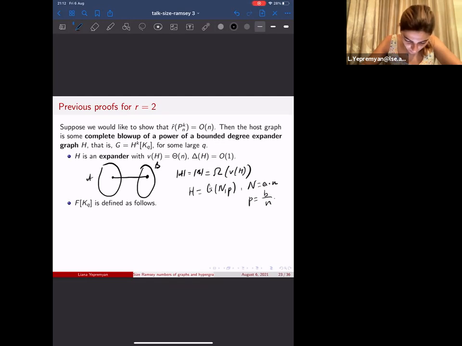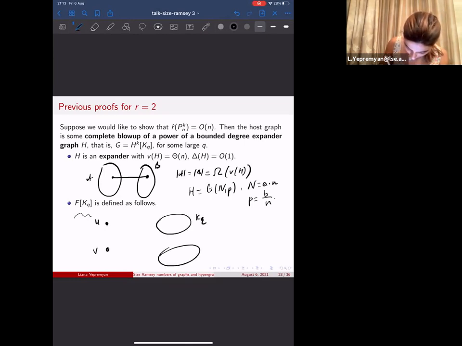The other thing I need to define is this operation F_{K(Q)}, which is the complete blow up of a graph F. What I mean by this is that if I have two vertices u and v, any vertices, I replace the vertices by a clique of size Q. I'm going to call this the blob for u, and this is the blob for v.